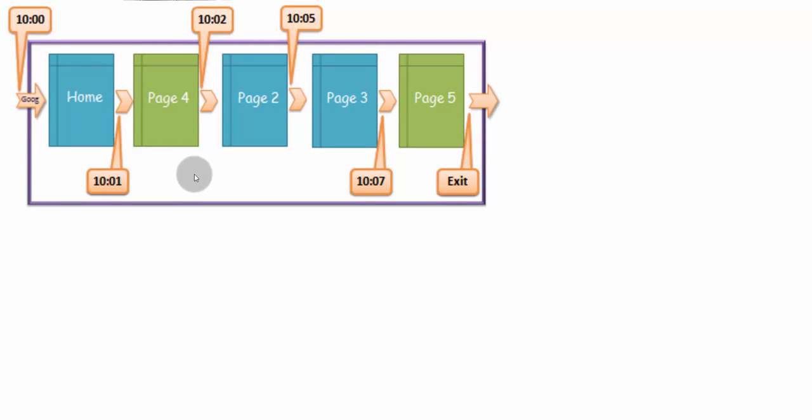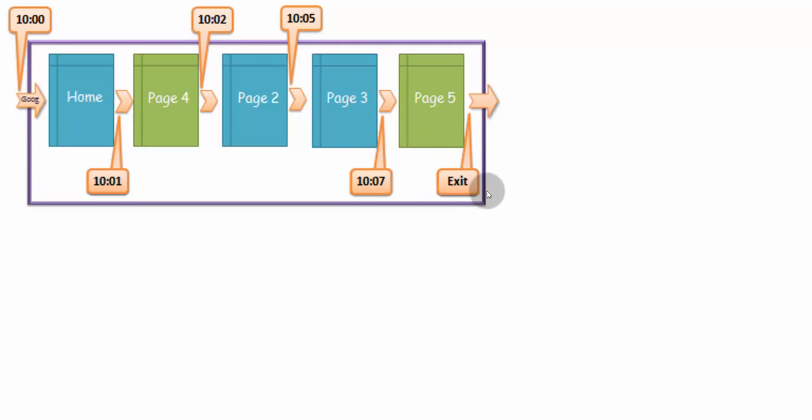Let's assume that a visitor enters at 10 a.m. into the home page of your website. Then at 10:01 he is going to page 4 and at 10:02 he is coming back to page 2. Then at 10:05 am he is moving to page 3 and then at 10:07 am he is moving to page 5.